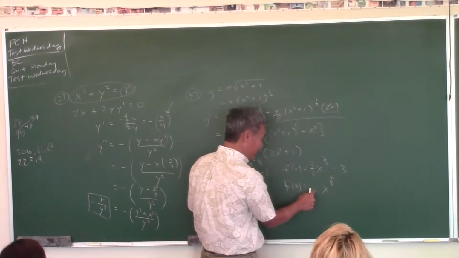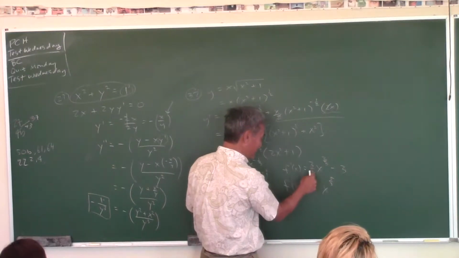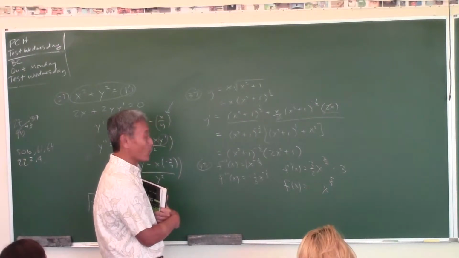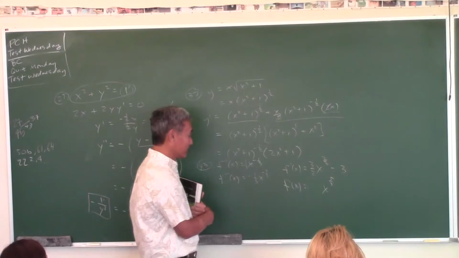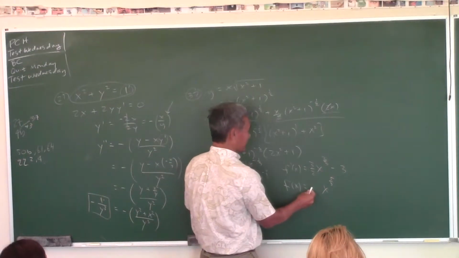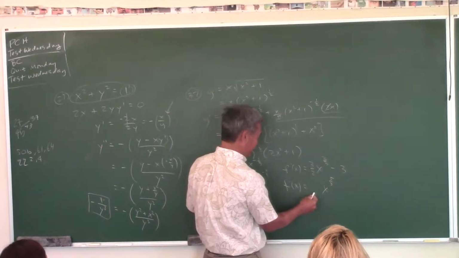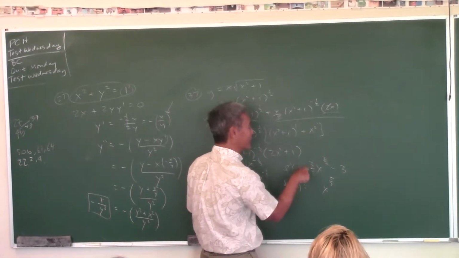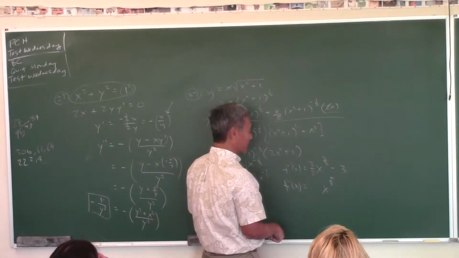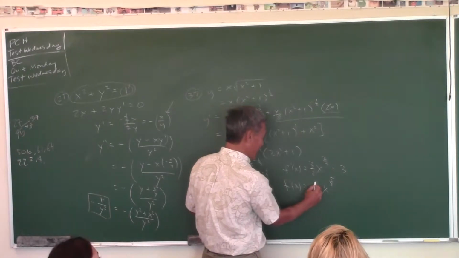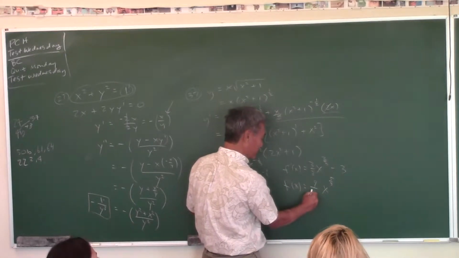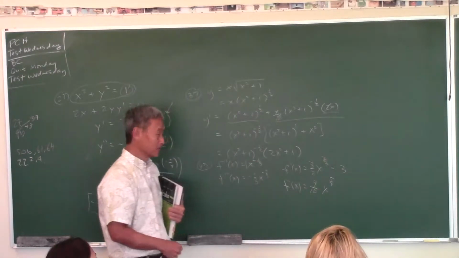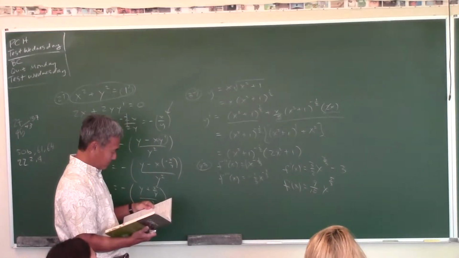When I put the 5/3 in the front, I have to somehow get 3/2. What number do I put here? Somebody said 9/10. Does that work? Yep, it does. So is that there? Yep, that's B.